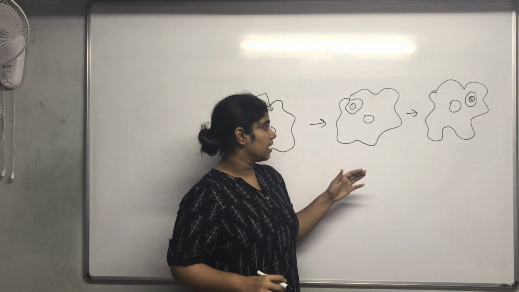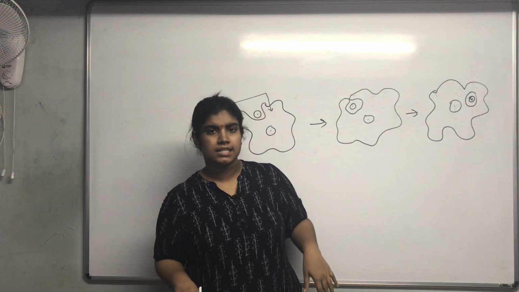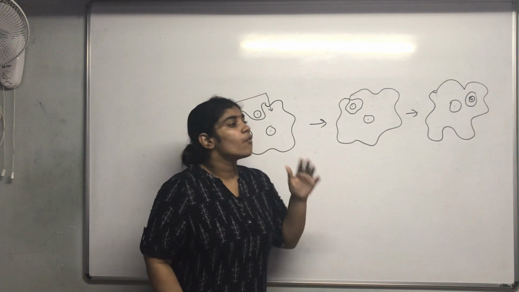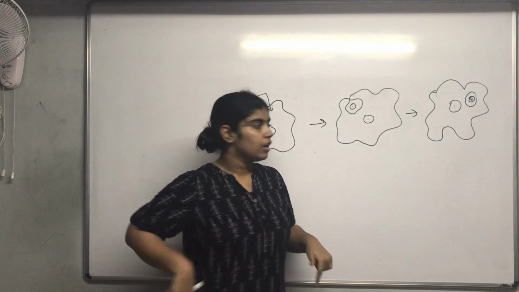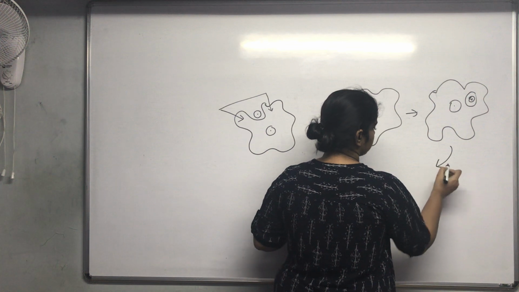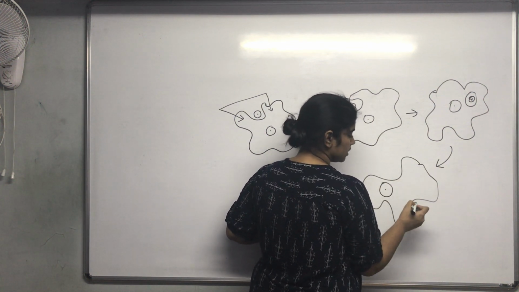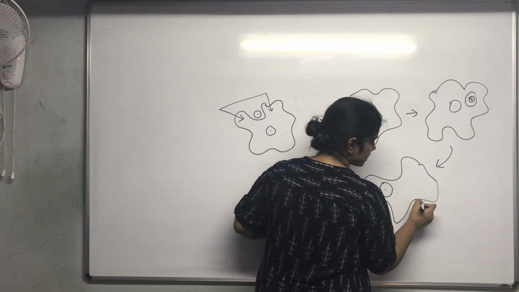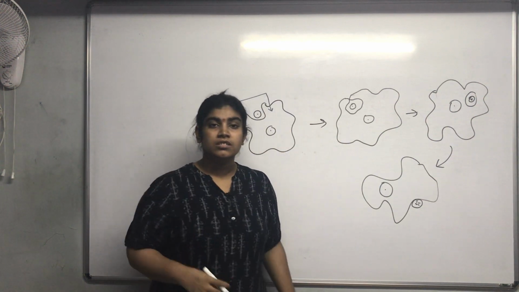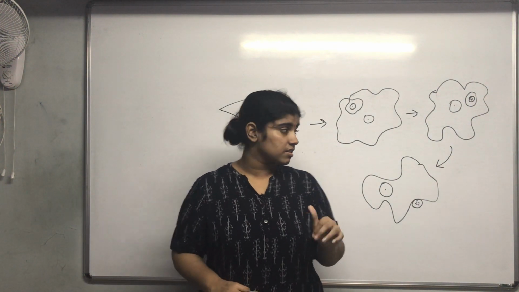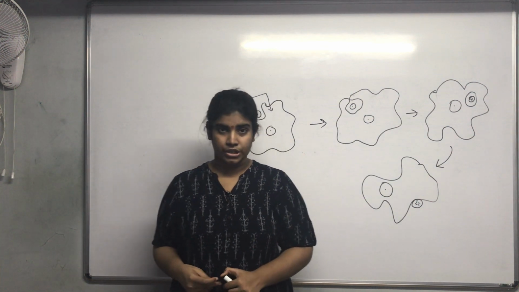So this amoeba will digest the food, take all the nutrients, and similar to humans, whatever waste it has, it will excrete out. Of course, this is the nucleus, and the waste is excreted out. This is a simpler process of nutrition in amoeba, a single cell organism.